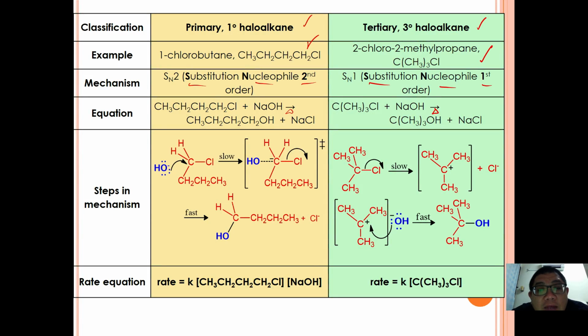And let's have a look at the mechanism of the reactions, where you can see the nucleophile OH minus attacking the carbon with partial positive charge in the C-Cl bond, forming an intermediate complex that forces the Cl minus to leave.